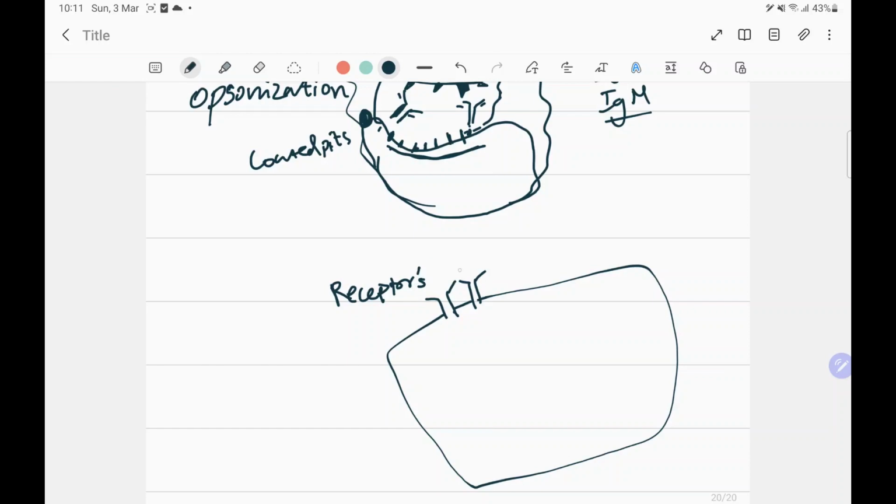The receptors are here. And what happens is at the bottom of these receptors, there's an important molecule attached over here. We call this adaptin.